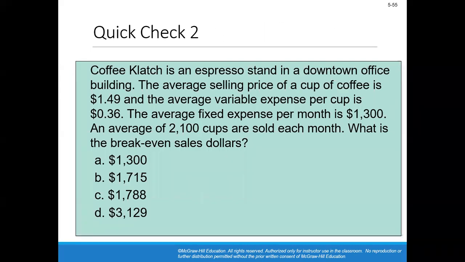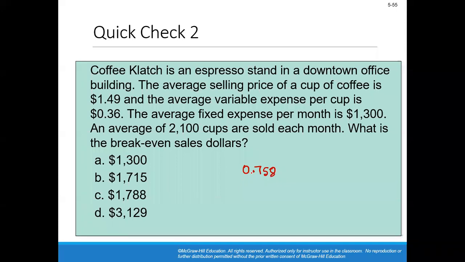The case is similar to what we solved earlier, but the question is different. We would like to know the break-even sales dollar. We have some information that will be useful. You can probably recall the contribution margin ratio, 0.758, if I'm not wrong.